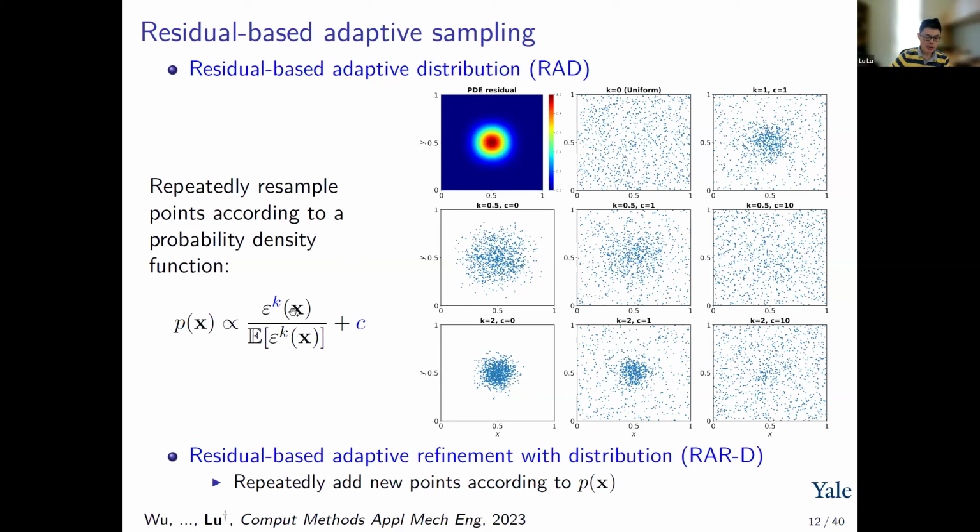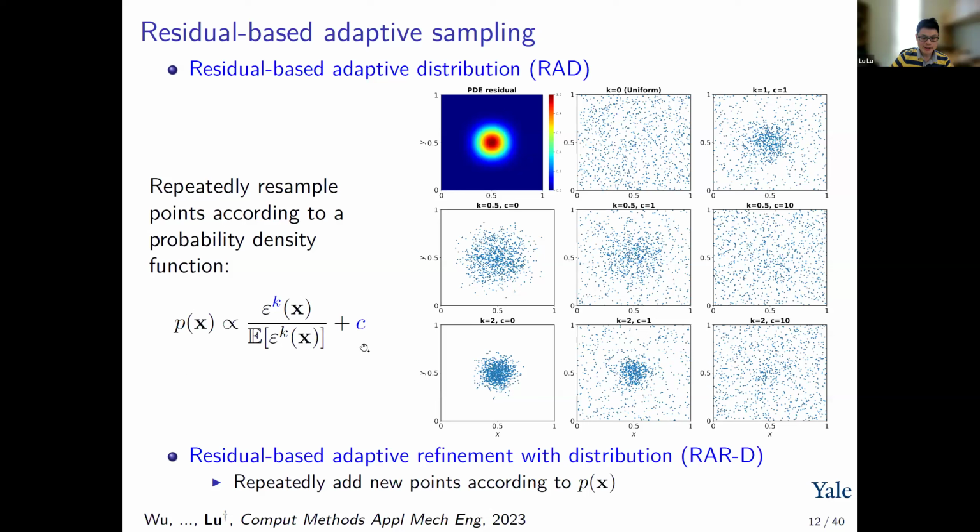Then we can sample more points on the locations with large error, but also we try to balance the points with small error. So our final sampling probability density function is computed according to both the error of the PDE and also we add a constant here.